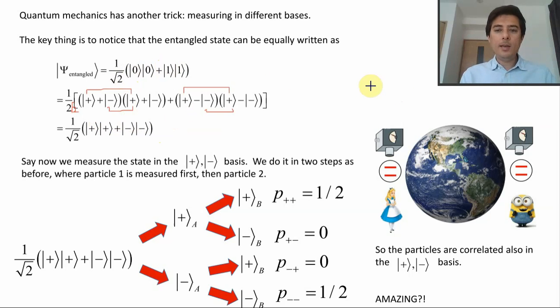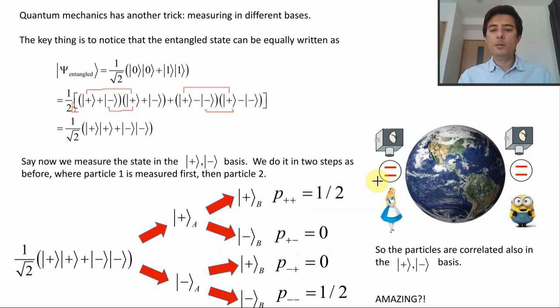So what we can do is run the same kind of experiment, except that now Alice changes her measurement device so that she's in the plus-minus setting. Bob also changes his device to the plus-minus setting, and again the particles are perfectly correlated.